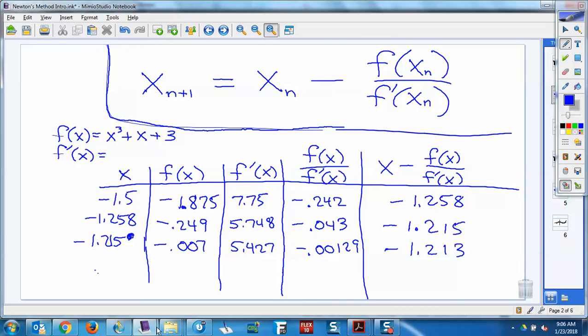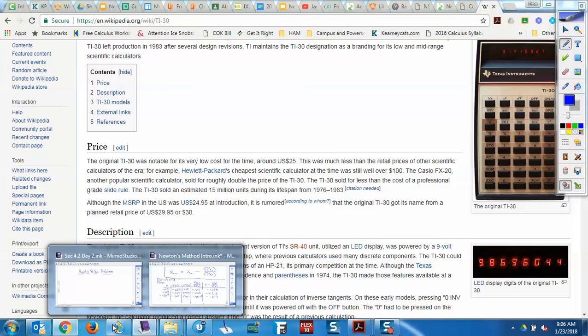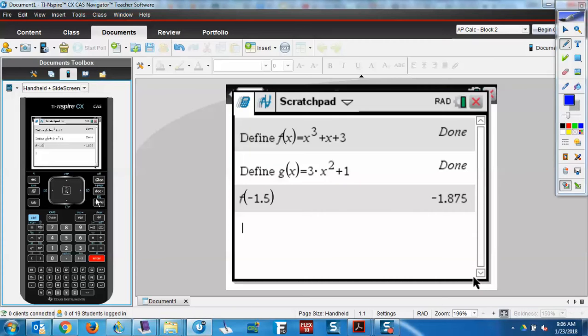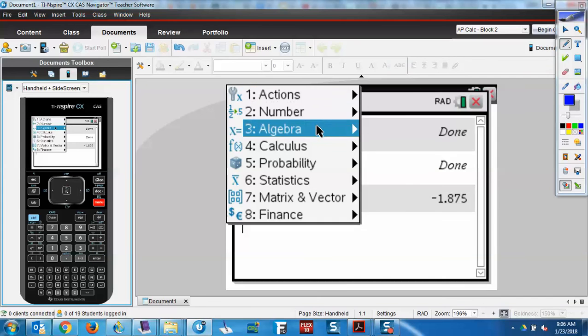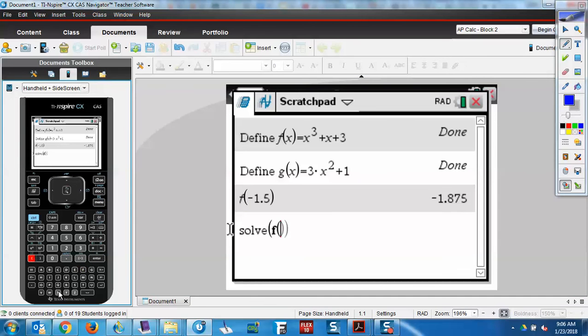And so if you would go onto your calculator here and just do a solve, okay? So if we go on here and just solve, what was it, F? We just go f of x equals 0, comma, x, right, negative 1.213, whatever.